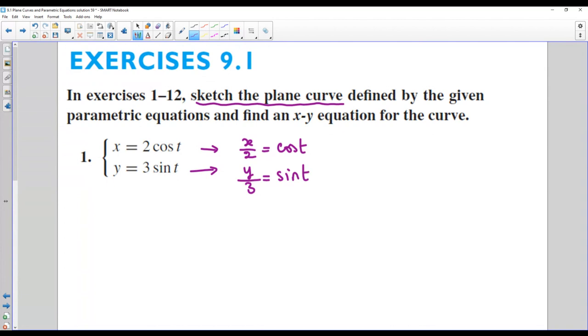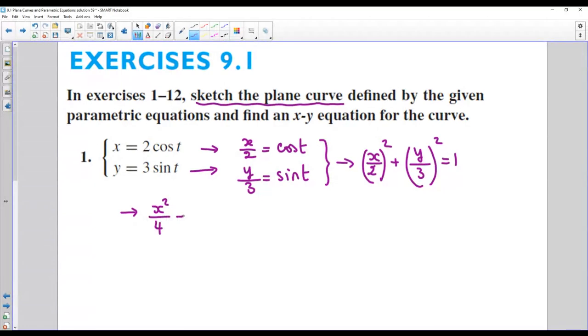And then we use the trigonometric identity. So this means (x/2) squared plus (y/3) squared is going to be 1. And then that means x squared over 4 plus y squared over 9 is equal to 1.